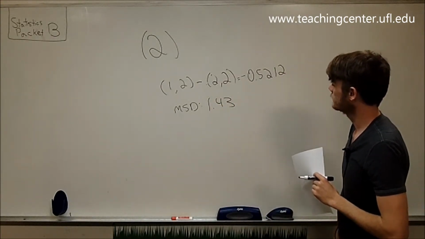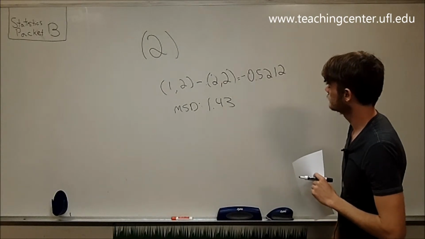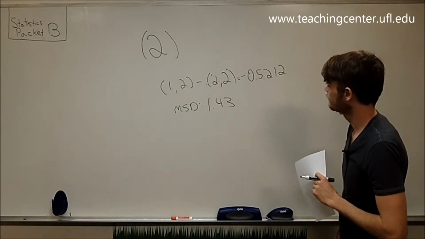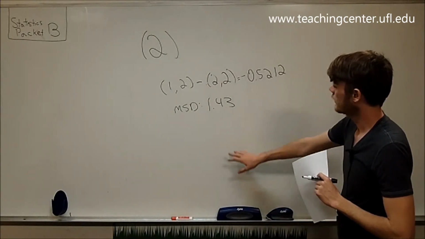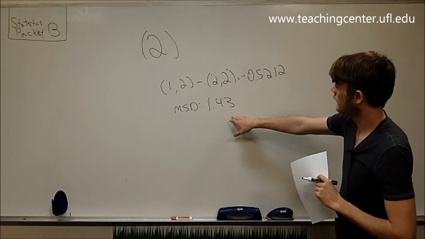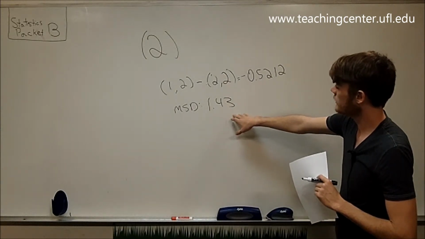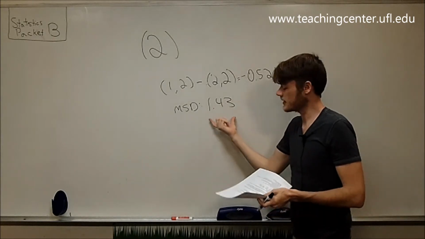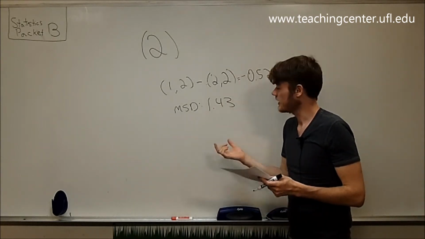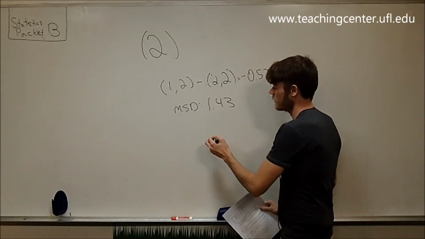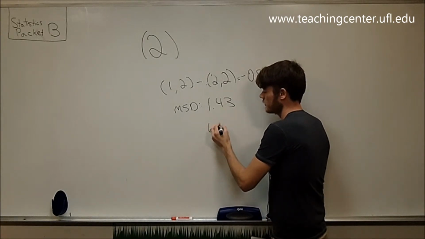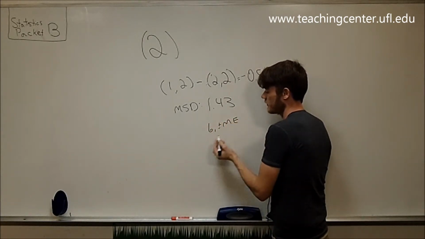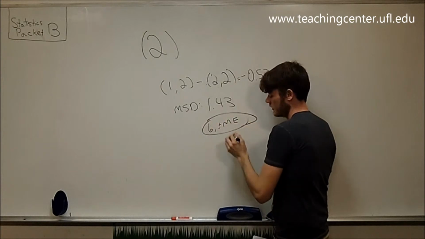Okay, so kind of explaining what MSD is. Just think of MSD, which is what I put in the packet, as like the margin of error. So you know you have B1 plus or minus margin of error when you're doing confidence intervals.